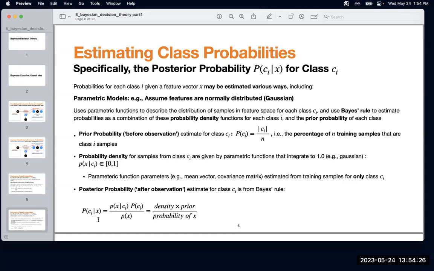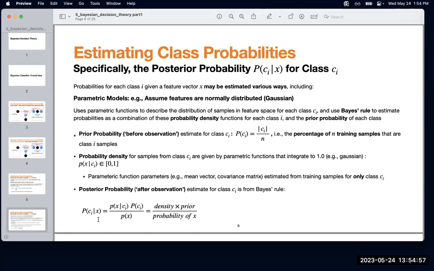Because we want to compare those posteriors of the different classes, and identify which one is the highest probability one, so which class would be associated with the highest posterior probability, we are just comparing posterior probability functions. If all these functions have the same denominator, then I can just ignore that denominator.